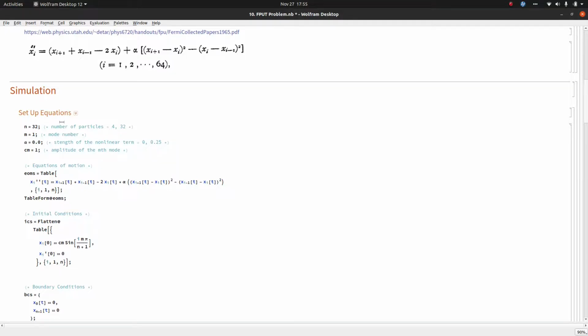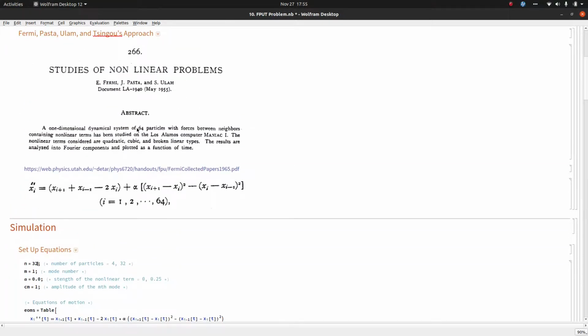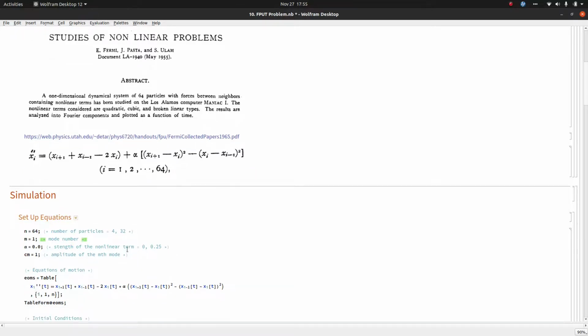So just like Fermi, Pasta, and Ulam, we're going to simulate this with, well, I guess we'll do 64. We'll live dangerously. The only reason not to do 64 is that it's going to slow the simulation up. Well, I'll do 32. We'll keep it a little bit faster.